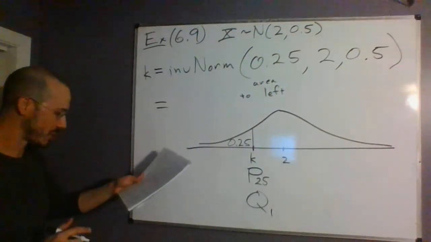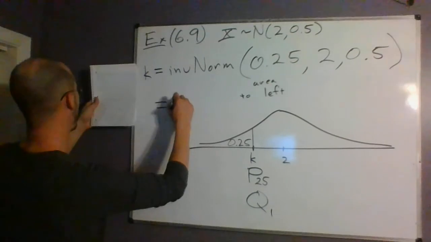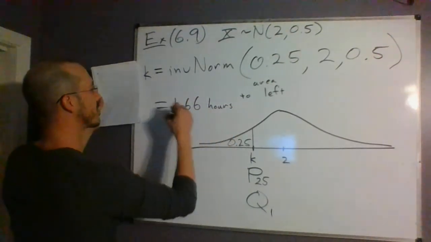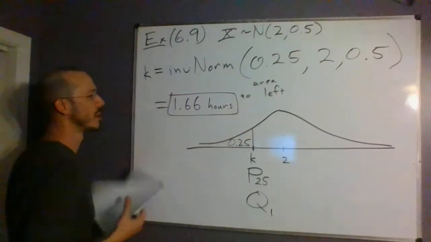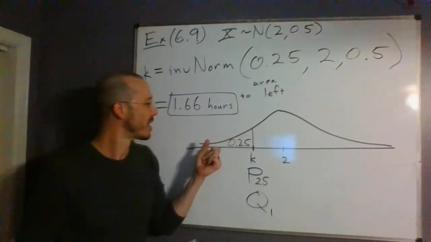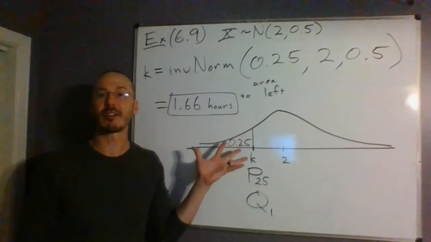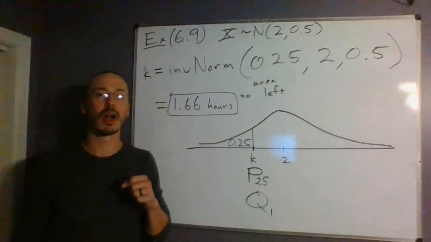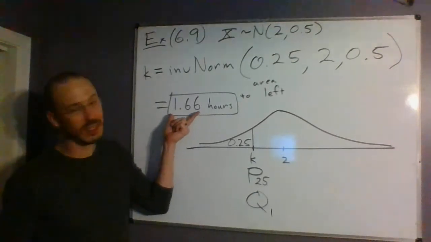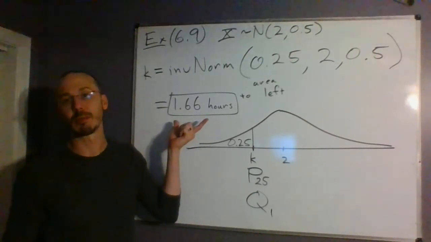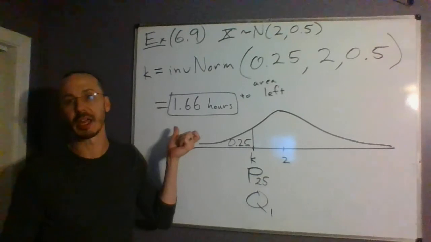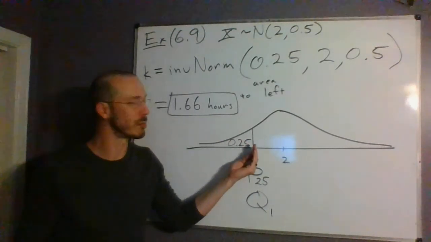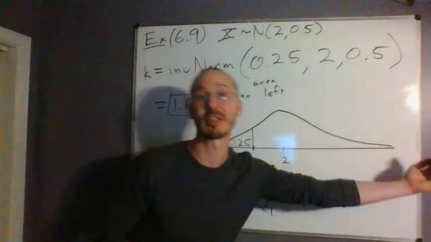And what that comes out to is 1.66 hours. And what it means is that 25% of personal computers are used for 1.66 hours of entertainment or less on average per day. So it's the cutoff between the bottom 25% and the top 75%.